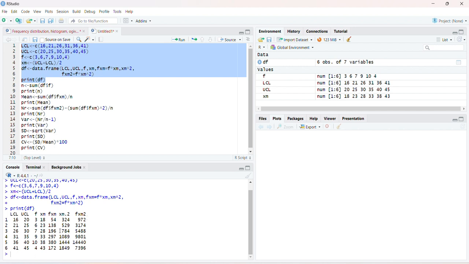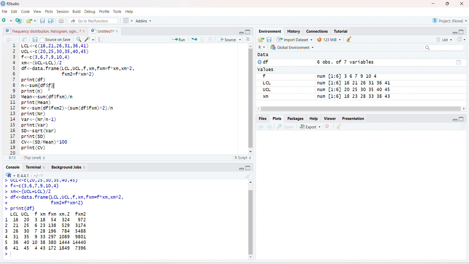So this is the table construction using the command data dot frame. Then we need the sum of all the frequencies of this particular column. The name of this table is DF, the data frame. In DF, if we want a particular column, you have to put dollar F.